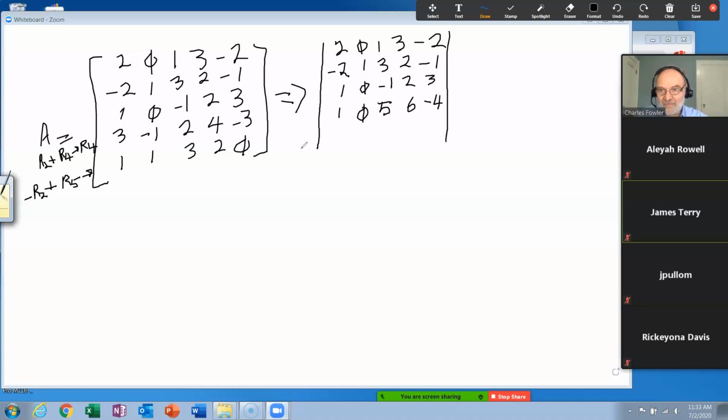Okay, positive 2 plus 1 is 3, so that actually got bigger. Okay, but -1 plus 1 is 0. That's exactly like we want. Oh, look at this. -3 plus 3, that goes to 0. Bonus here.